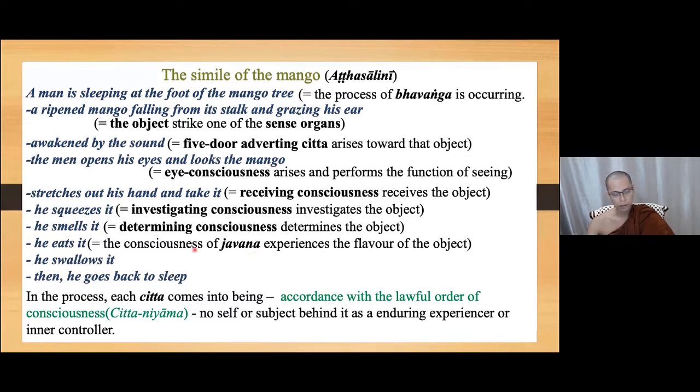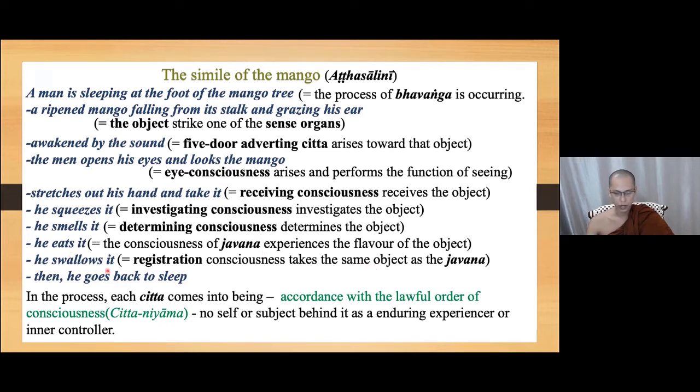Then, like eating, the consciousness of javana arises and experiences the flavor of the object. So this is the very moment to experience the taste of the object. Then, similar to the man swallowing the mango, the registration consciousness arises and follows the javana.